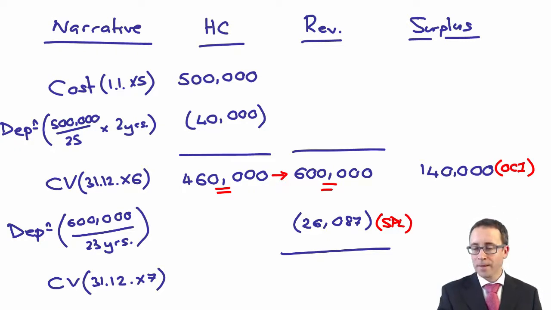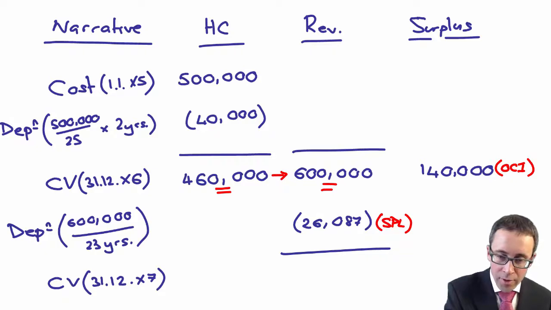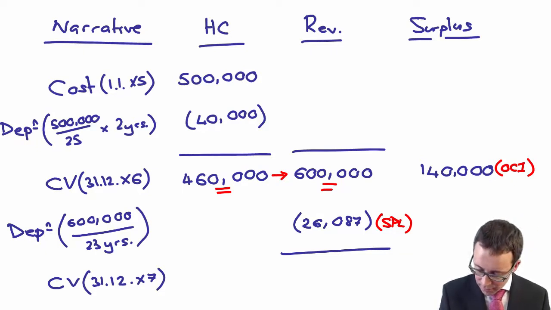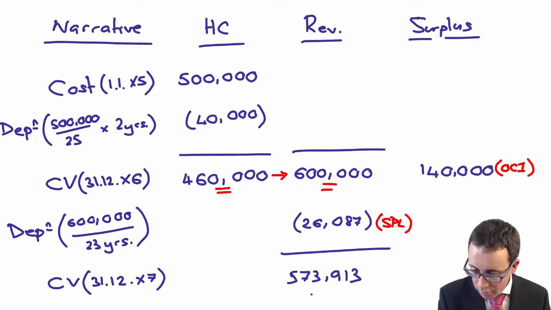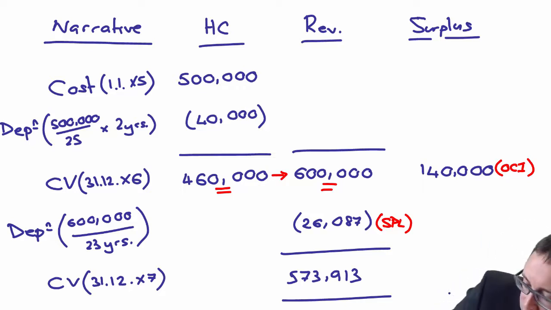which when I go through there and net off, let's just check on my calculator. I'll do it mentally. That's going to be a disaster. 573,913. I think that's right, isn't it?